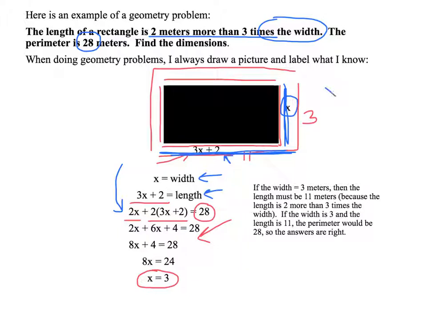So some people might set up the equation and say x plus 3x plus 2 is equal to 14. And certainly if you went through and solved that, you would also get x is equal to 3. There are certainly more than one way to solve almost all of these problems that I am presenting to you.